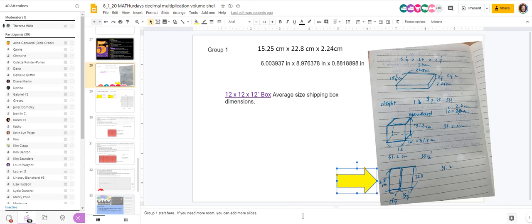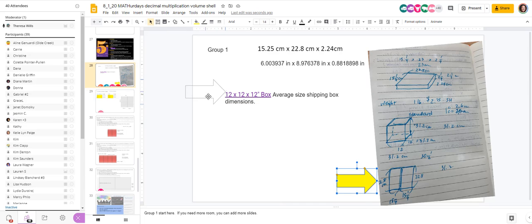Tell us why you chose to do that. We converted the dimension right here on the top, or we converted the inches into centimeters, and then realized that it really nicely fits if we choose this box. So we decided to use this box dimensions.